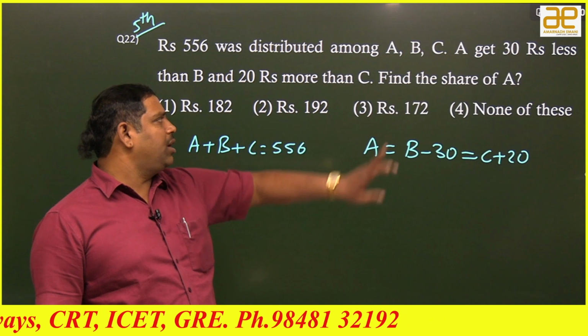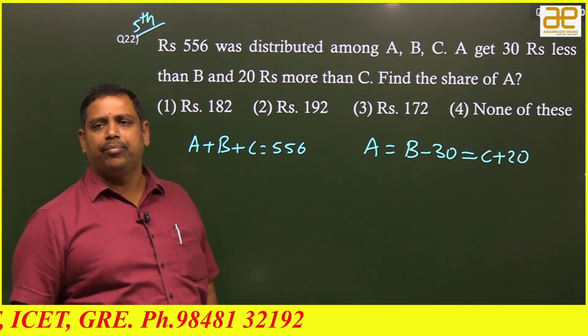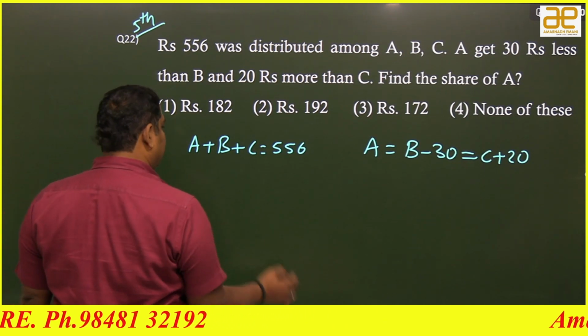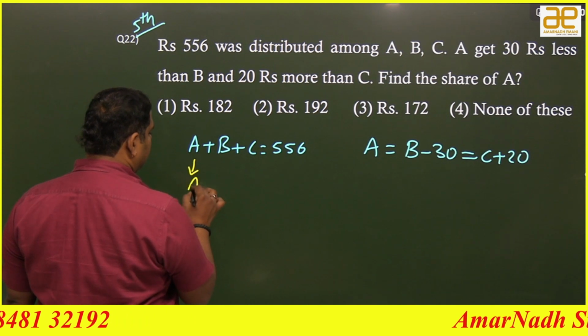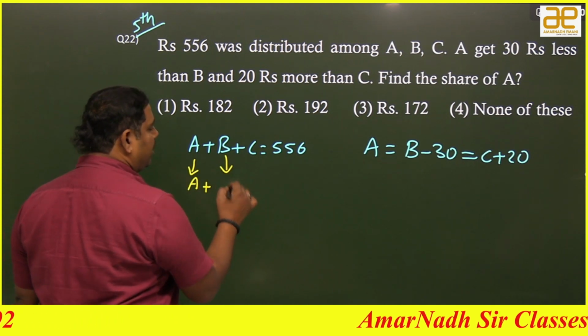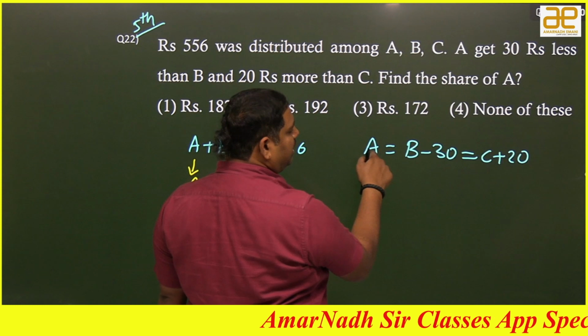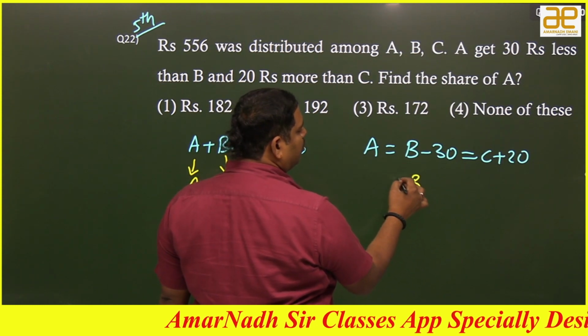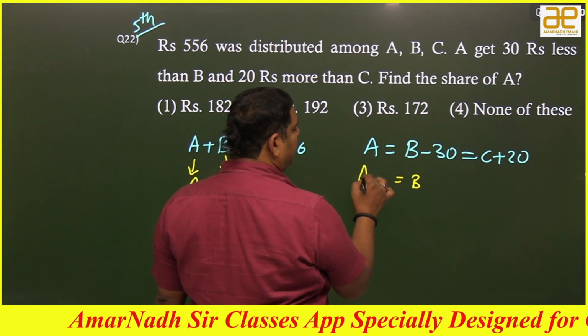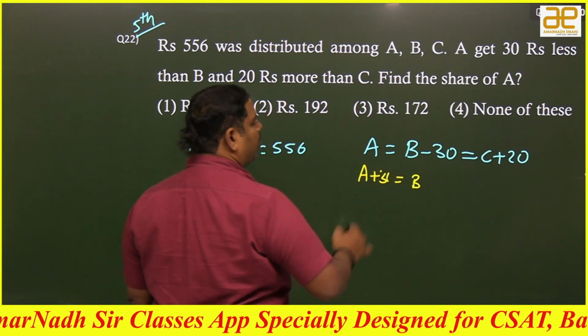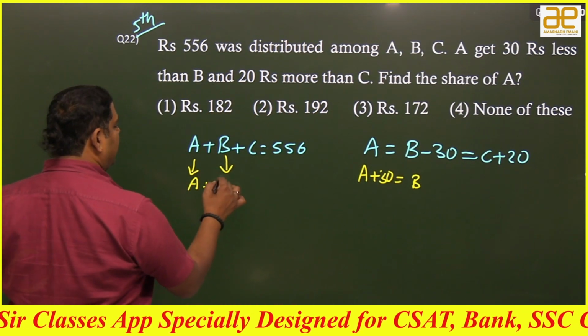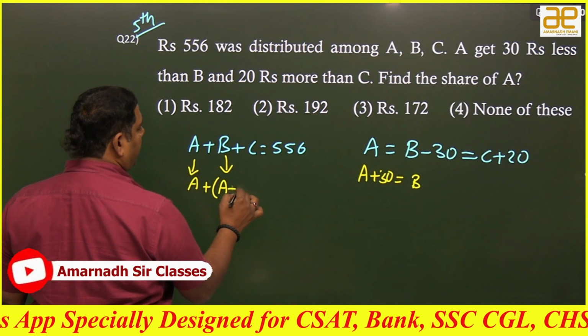He is asking about the share of A, means convert everything into A. So this is already A, sir. I am writing as this. Next one, coming to B, what I have to do? B minus 30 is A. Means B is equal to, move the minus side to this side, it will be A plus 30. So, what is B? A plus 30.